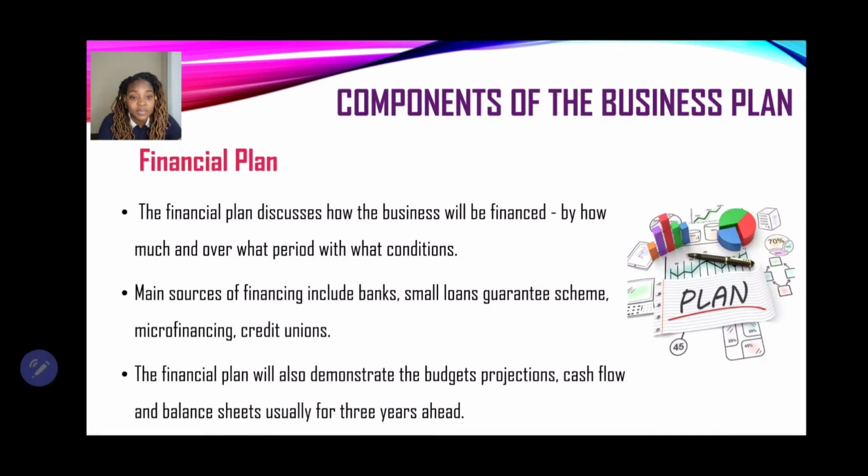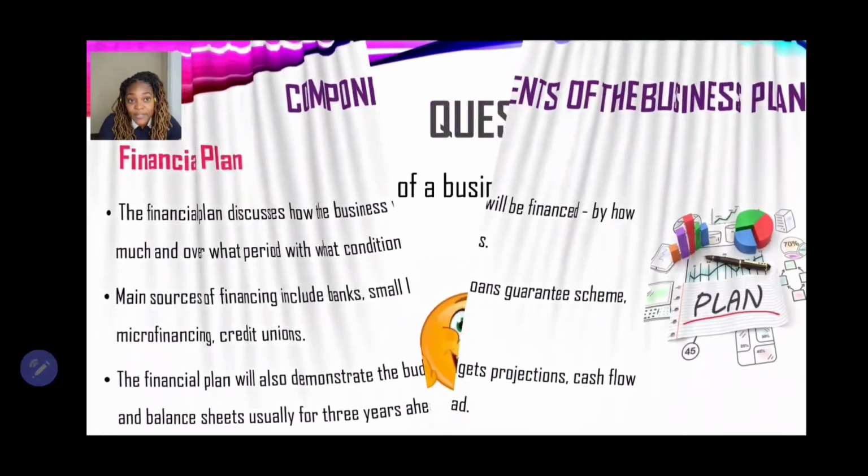Now, the financial plan will also demonstrate the budget projections, cash flow, and balance sheet, usually for 3 years ahead. And all of this information must be captured in the financial plan of the business plan, right?